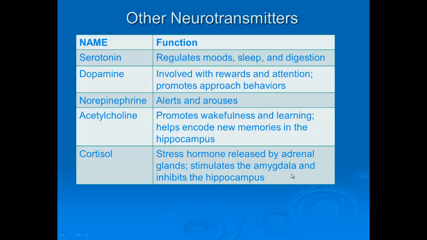Some of the important neurotransmitters that you should be concerned about is cortisol, which is a stress hormone released by the adrenal glands, which stimulates the amygdala. The amygdala is the part of the brain that processes fear. Once this cortisol is released in your bloodstream, it will inhibit the hippocampus.